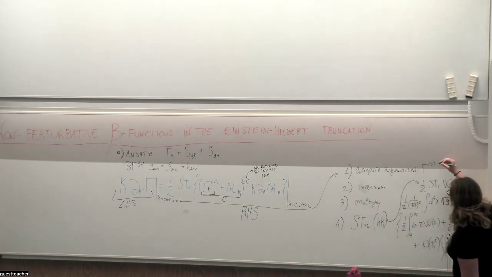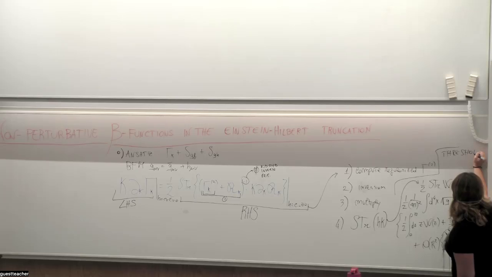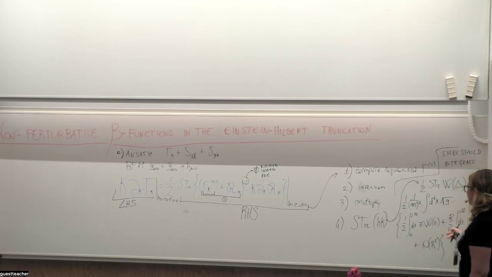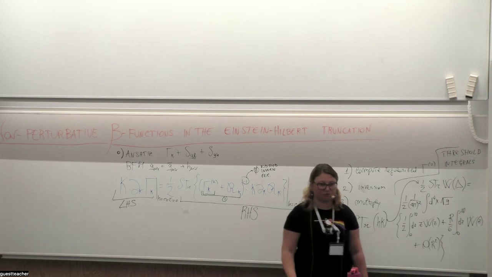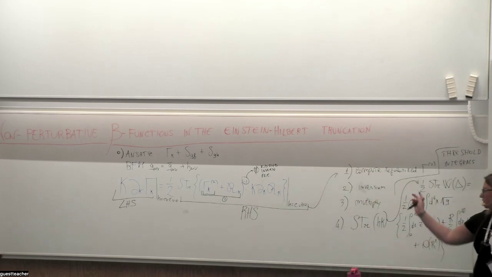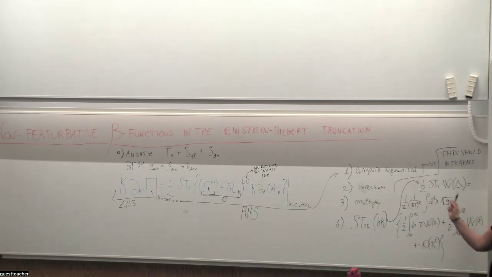So these are called threshold integrals. In principle, they depend on the regulator because this enters in both of the factors inside the bracket.